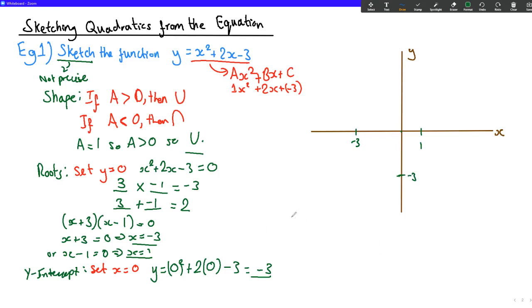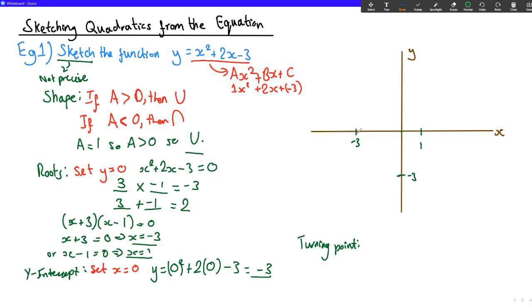Okay, so now how do we find the turning point? Well, there is one method which we can use, which is because this quadratic is symmetric.